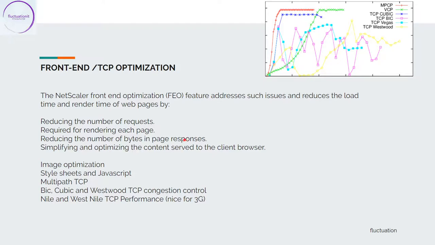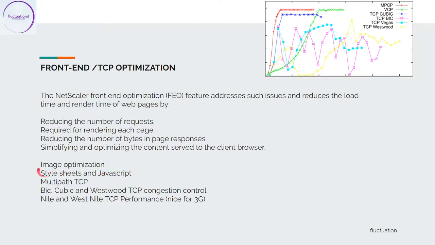For that, we're using a lot of features, for example, image optimization. Image optimization is something very powerful in Netscaler, because we reduce the size of the image. And this is also very, very nice.